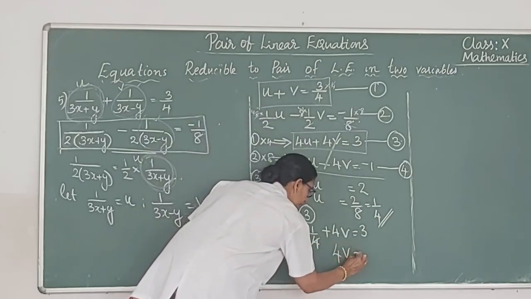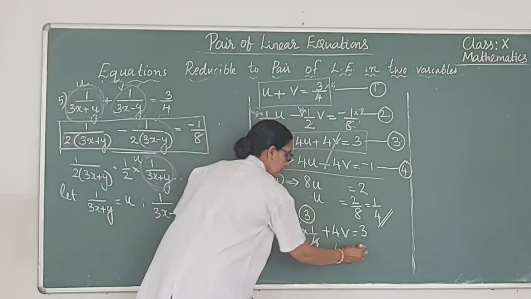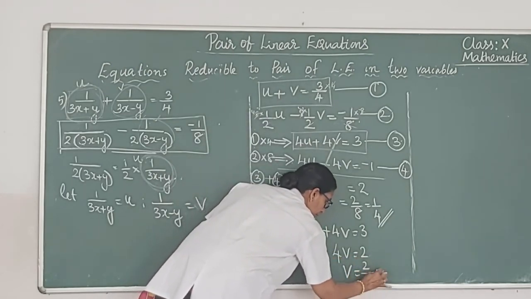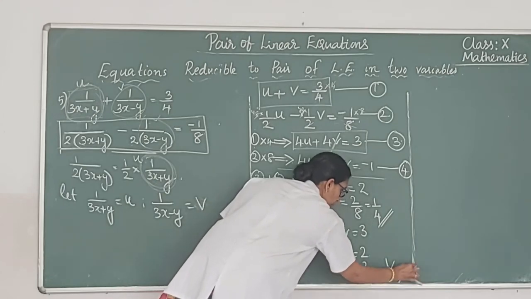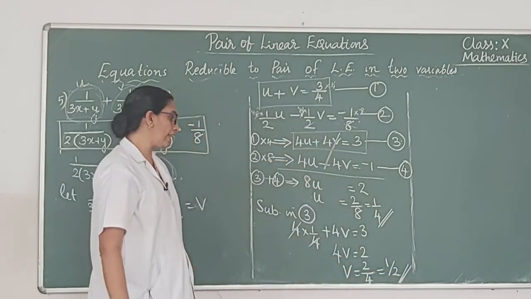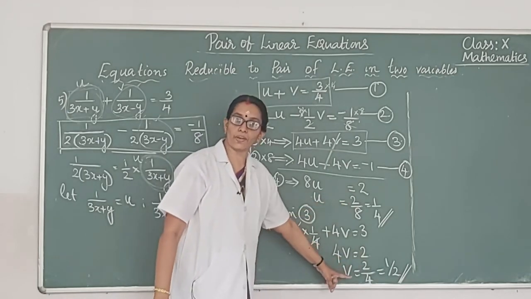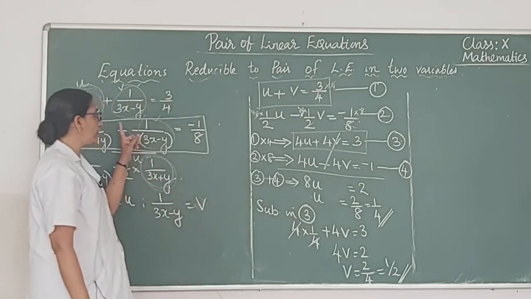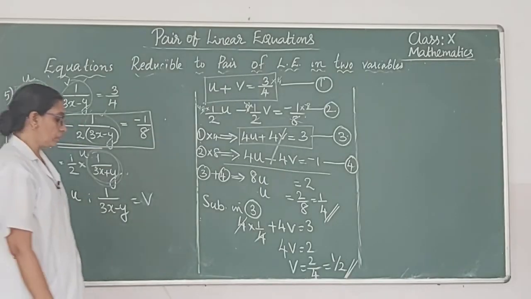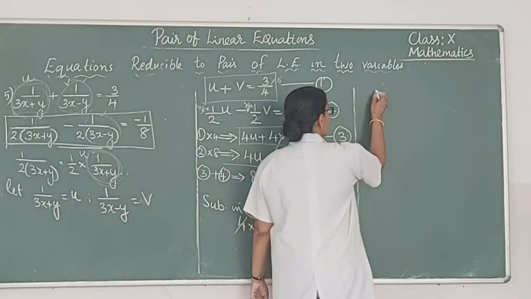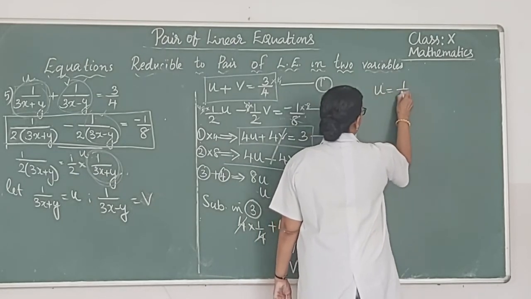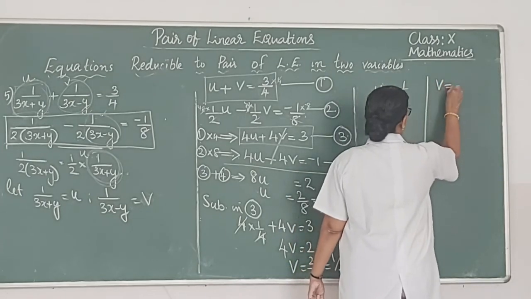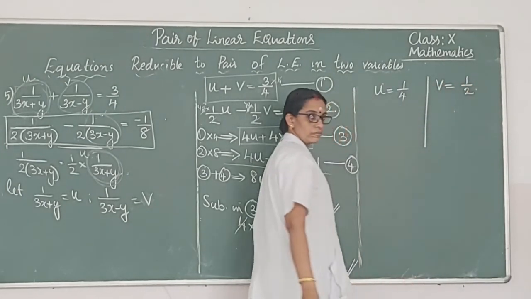So 4v equal to 3 minus 1, 2. So v equal to 2 by 4. What is it? 1 by 2. So we got value of u as well as value of v. We have to find out value of x and y. So we are getting u is equal to 1 by 4 and v is equal to 1 by 2.